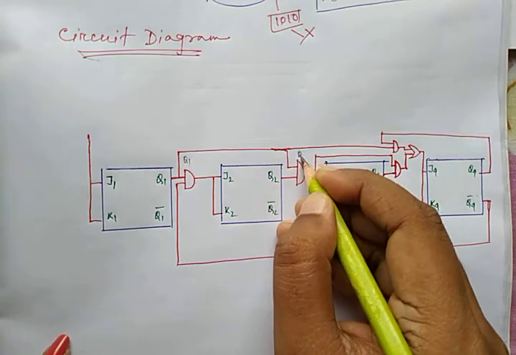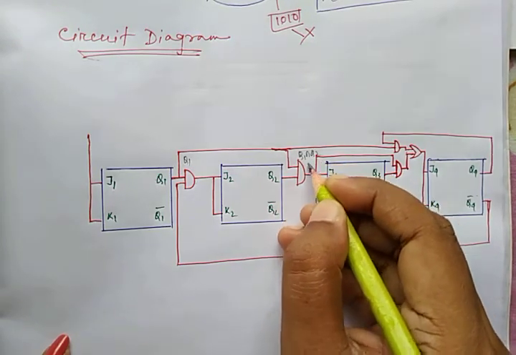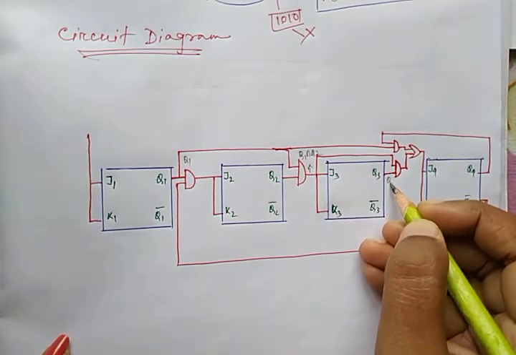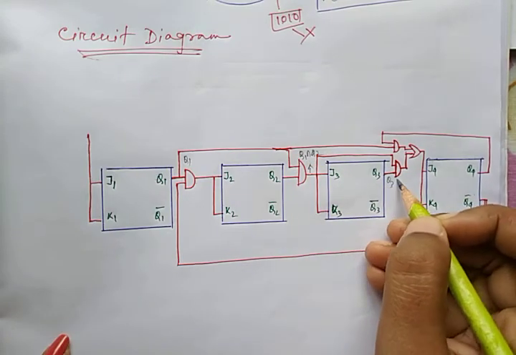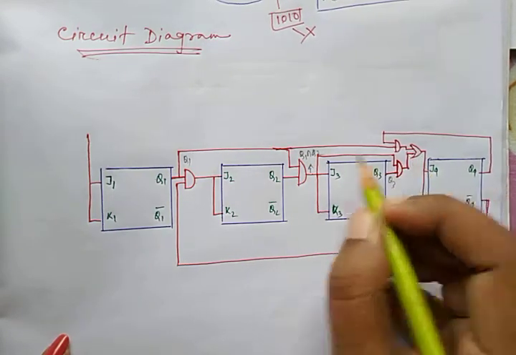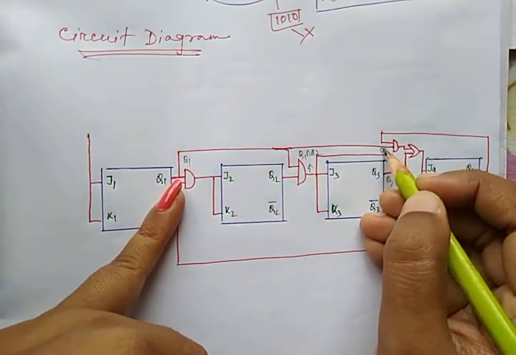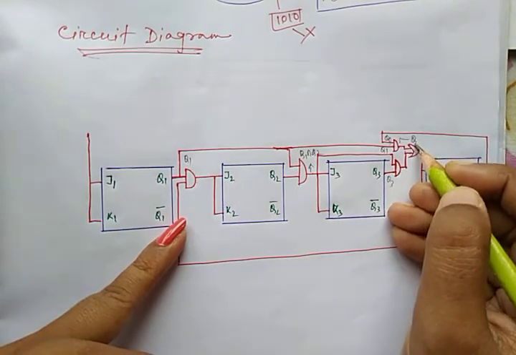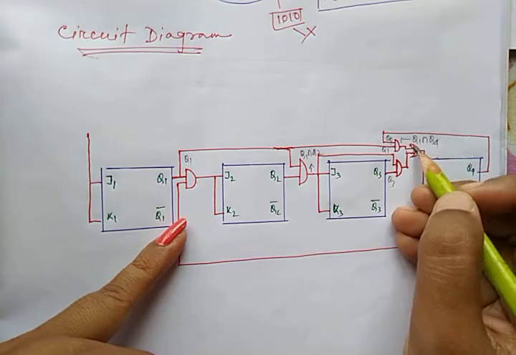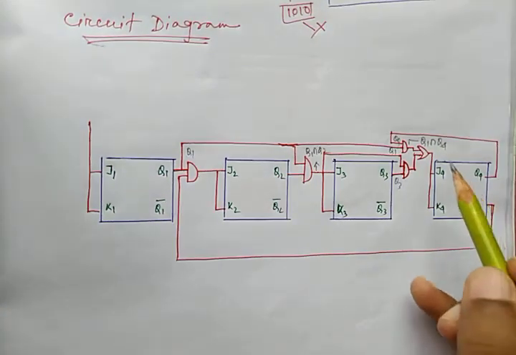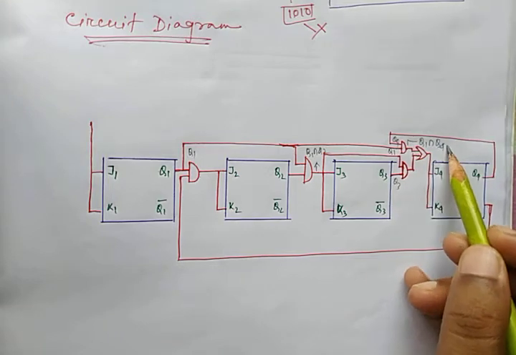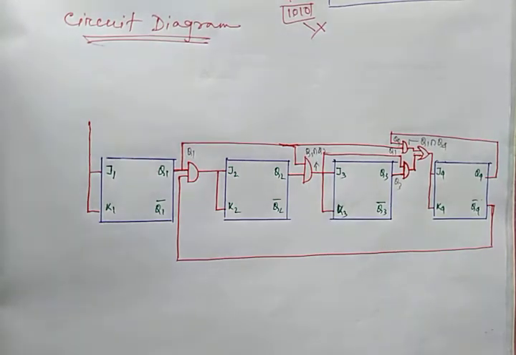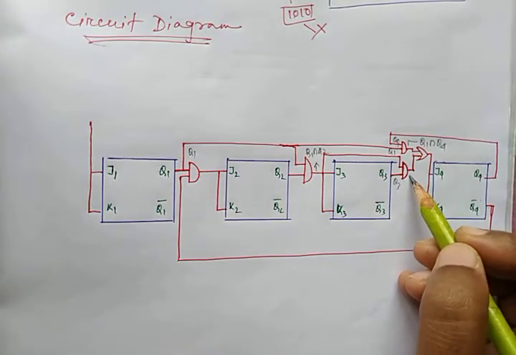This input is obviously Q1 and Q2, because this is the AND operation of Q1 and Q2, and this one is Q3. So Q1, Q2 and Q3 AND operation is one input, and another input is Q1 and Q4, that is the AND operation of Q1 and Q4. So either Q1 and Q4 is 1, or Q1 and Q2 and Q3 is 1.